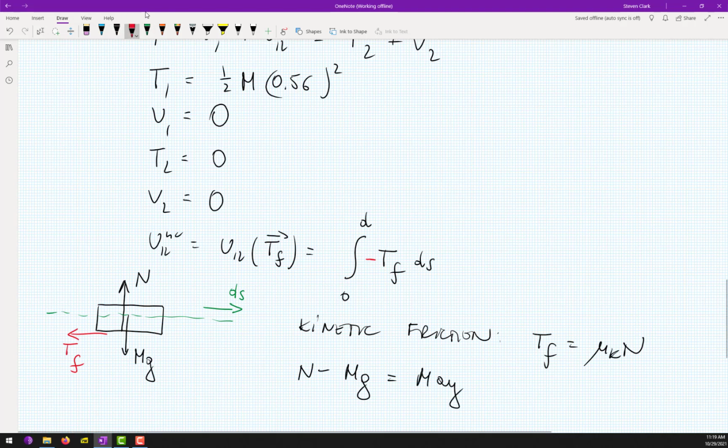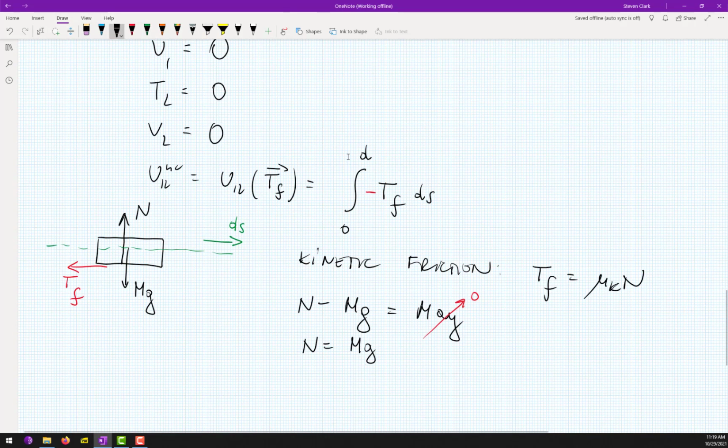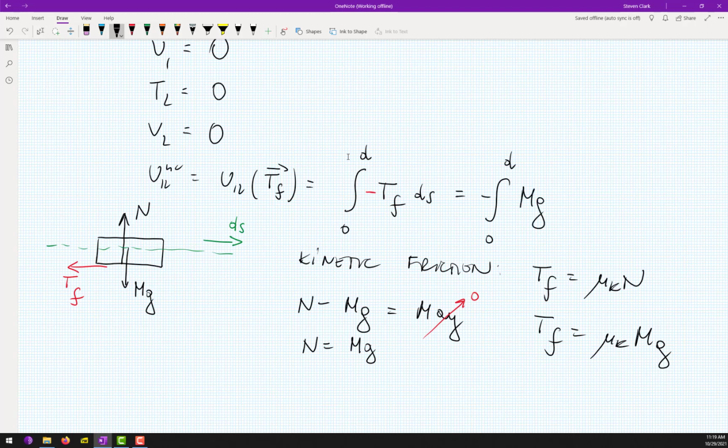However, due to our ground, this is 0, so N must be equal to mg. So our Tf is equal to mu k mg.